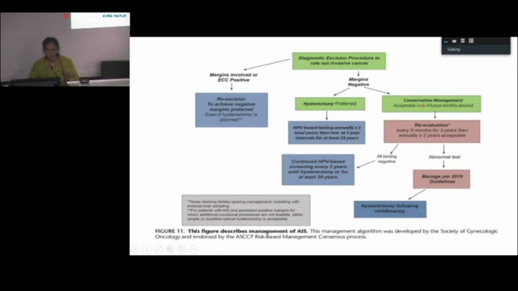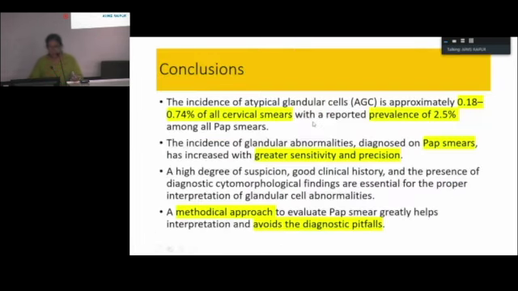So to conclude, the incidence of atypical glandular cells is approximately 0.18 to 0.74% of all cervical smears, with a reported prevalence of 2.5% amongst all pap smears. Incidence of glandular abnormalities diagnosed on pap smears has increased with greater sensitivity and precision after the onset of liquid-based cytology.